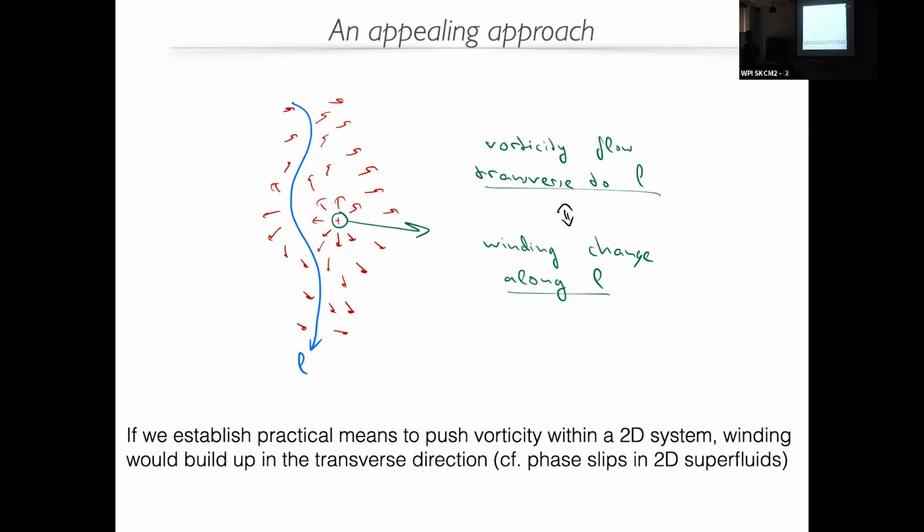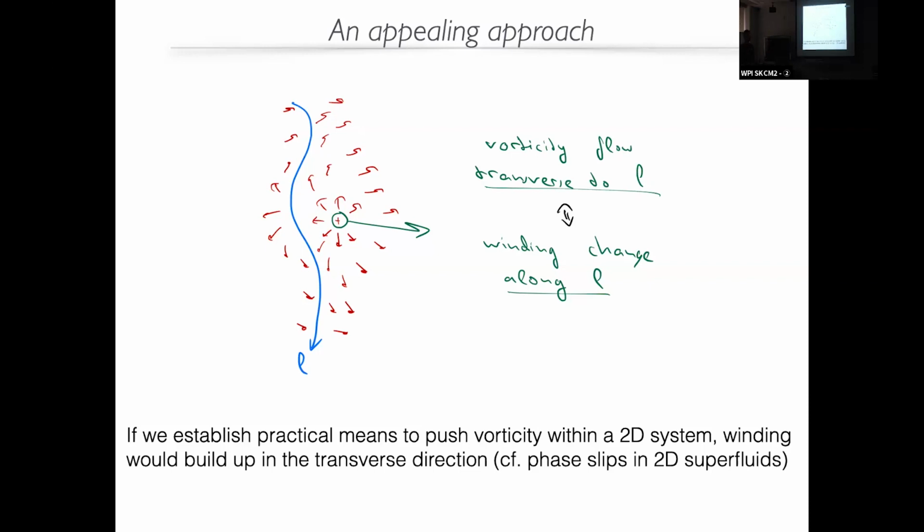In essence, especially for those of you who are familiar with superfluidity and superconductivity in low-dimensional systems, it's useful to connect to that at this point. If you have a one-dimensional superconductor or superfluid, it's very easy to inject winding. You simply send a superflow along this one-dimensional channel, which naturally produces wound-up textures.